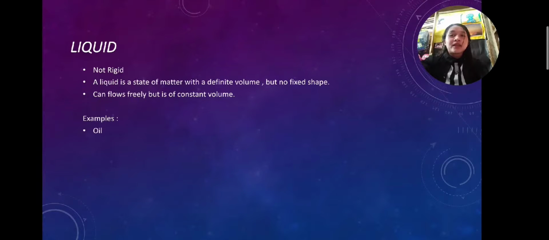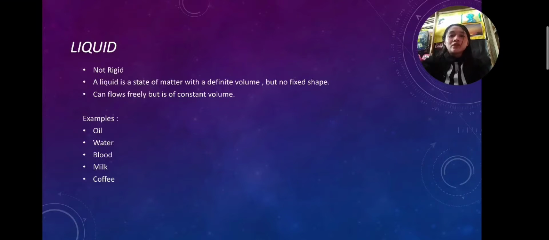Examples are oil, water, which has no shape of its own and depends on its container, blood, milk, and coffee. By the way, a liquid is a fluid that conforms to the shape of its container but retains nearly constant volume, independent of pressure.